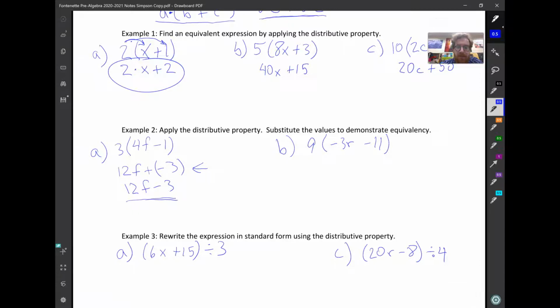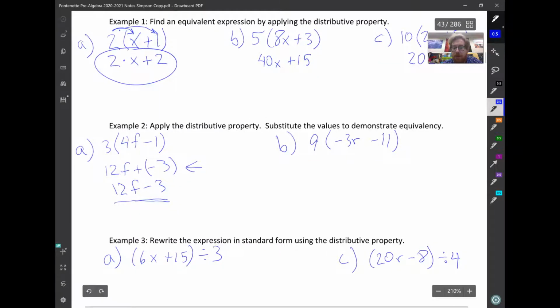What that looks like in example B would be 9 times negative 3r, which is negative 27r. And then I see that this is going to be negative because the 9 is positive, the 11 is negative. So I just write the negative sign and I do minus 99.